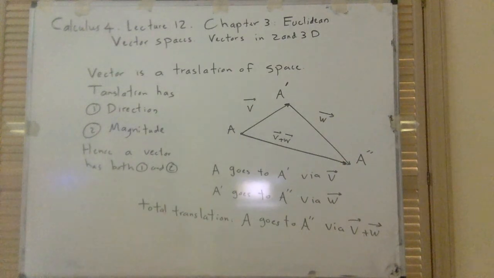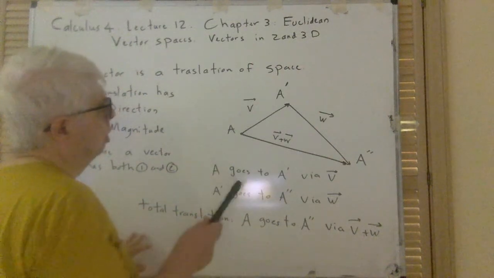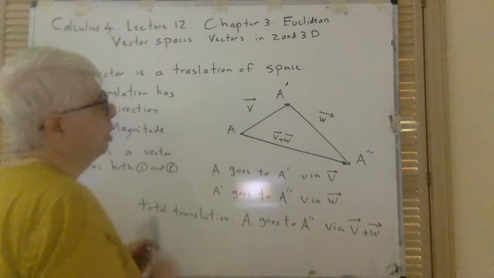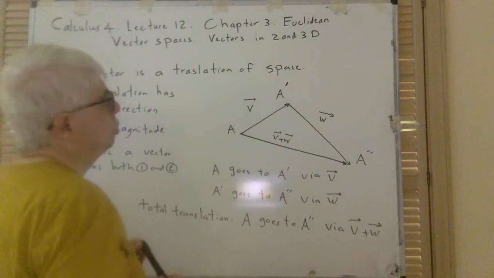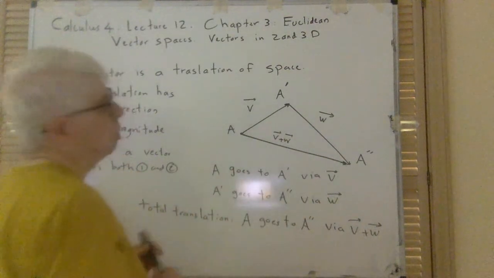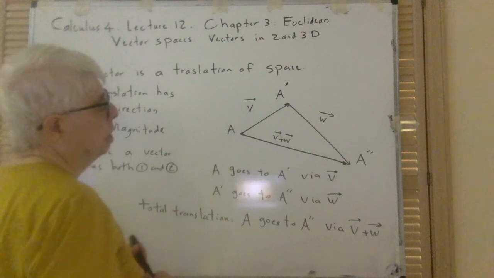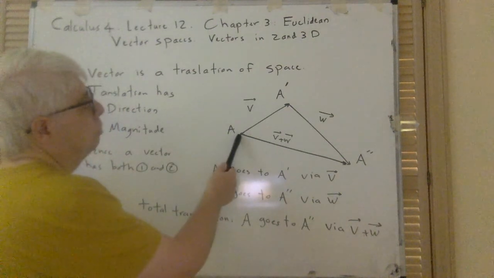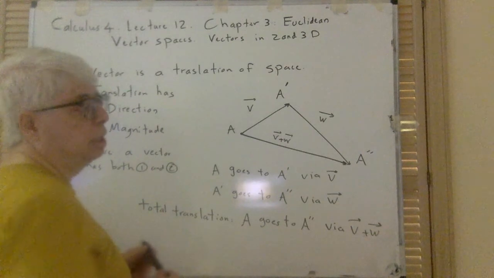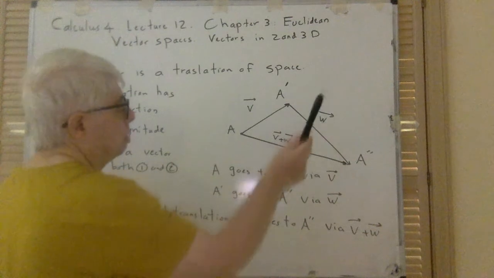Now, let's look at something else, which you are familiar from physics. If point A is translated to point A prime using this vector V, and then translated to A double prime using the other one W, then eventually it is translated from A to A double prime, and that is the addition of two translations, the addition of this translation and this translation.